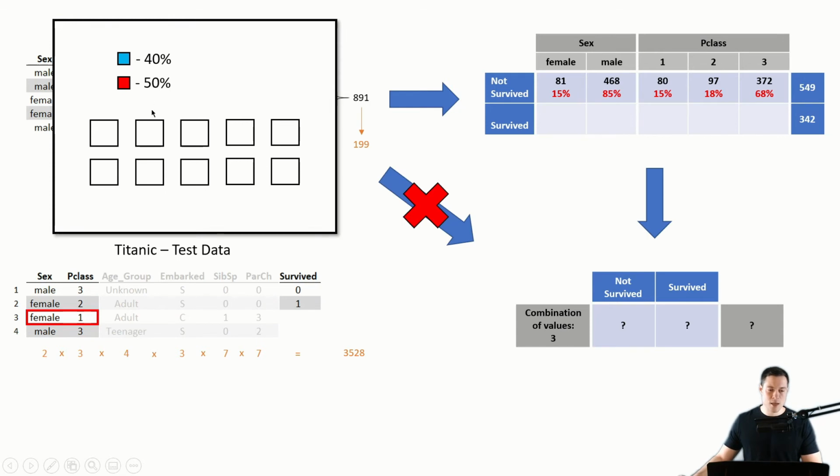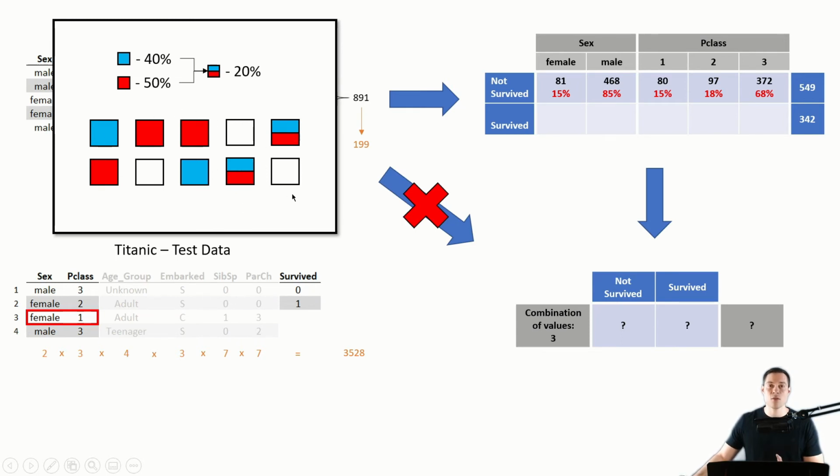And if we did many rounds of that, then on average, we would expect to see a result like this. Namely, we would expect that 2 out of those 10 squares would be both blue and red. And that's because 50% of 40% is 20%, and 20% of 10 is 2.